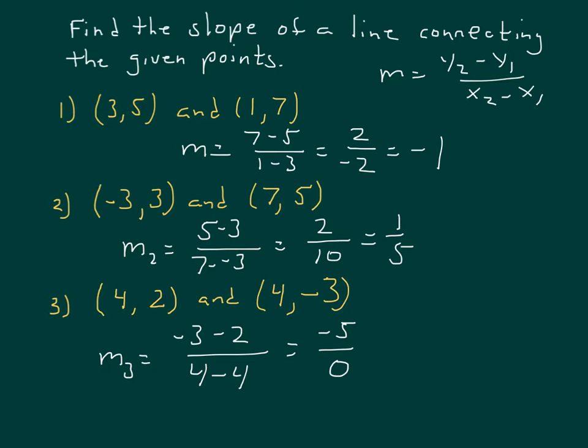When you get some number other than 0 in the numerator, but you do get 0 in the denominator, like we did right here, in that situation, we have no slope. And when you have no slope, that is a vertical line.